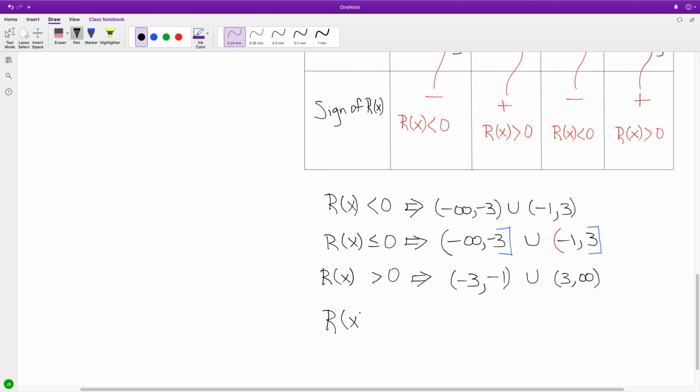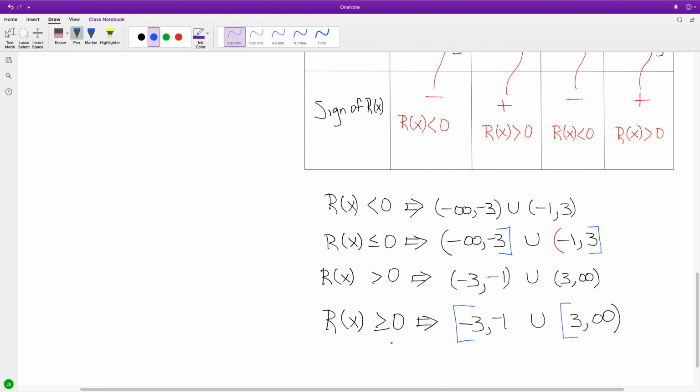And if I have R of x greater than or equal to 0, I'm still taking the same limits, but the enclosures will potentially be different. Again, infinity is boundless, so that stays in parentheses. And -3 and +3 are in the domain, and since the inequality has the equal sign, we can place brackets around the -3 and the +3.